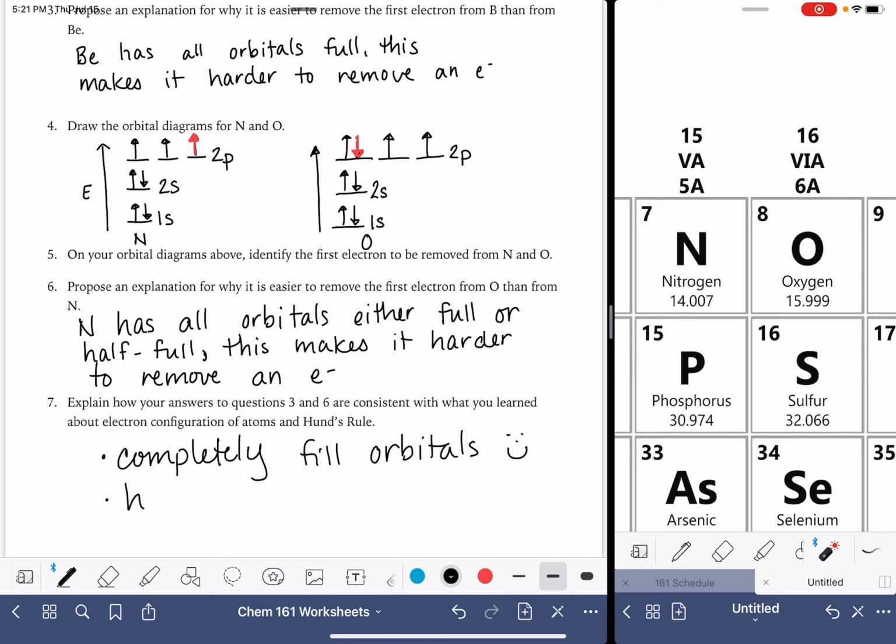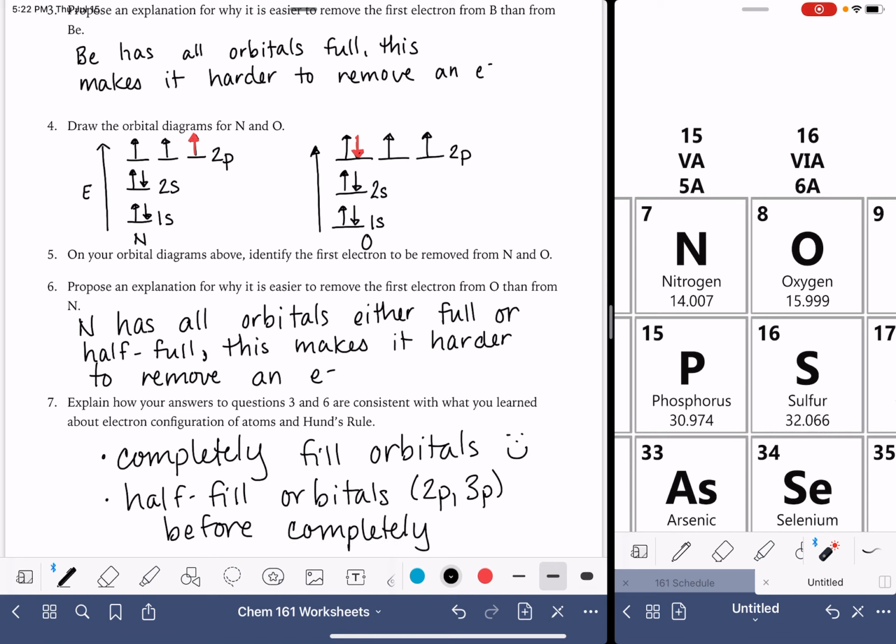And also we like to half fill orbitals, let's say 2p's or 3p's or 3d's, half fill all of them before completely filling any of them. Again, trying to maintain that symmetry and the balance among the different orbitals.